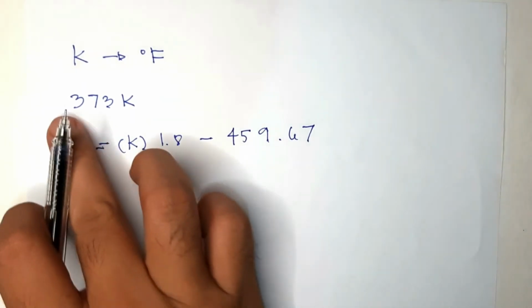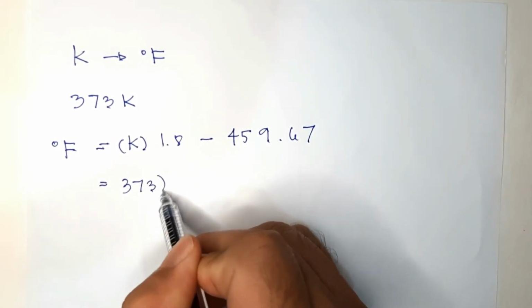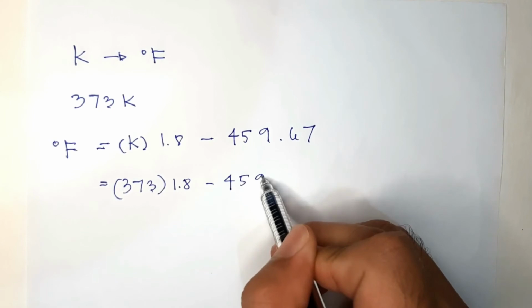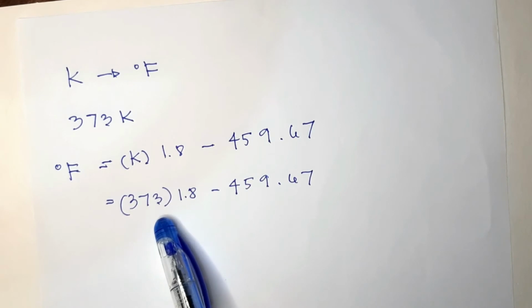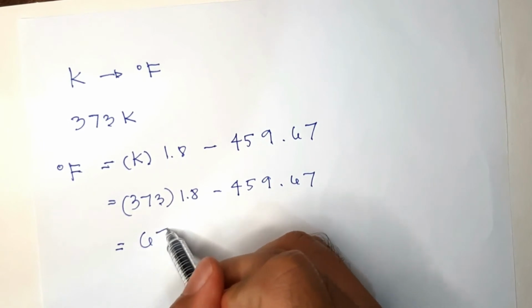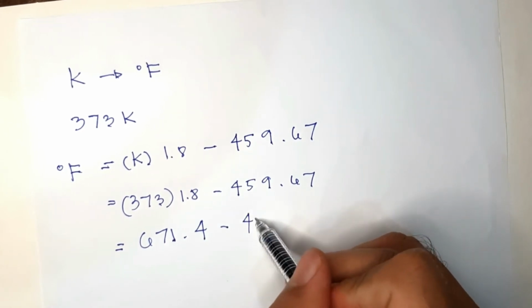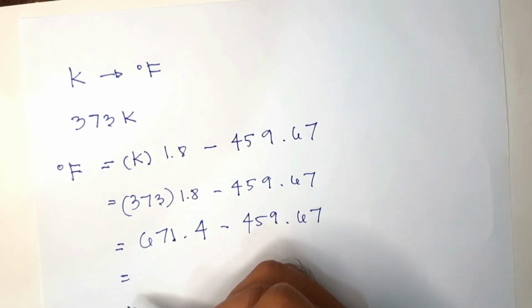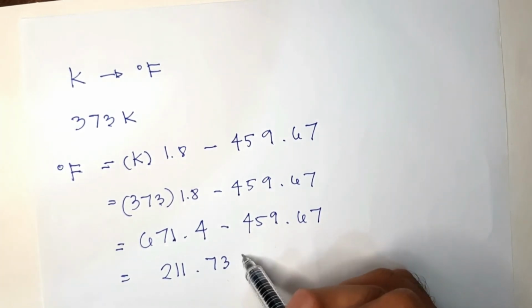So we plug in 373 here. 373 times 1.8 is 671.4 minus 459.67. So the final answer is 211.73 degrees Fahrenheit.